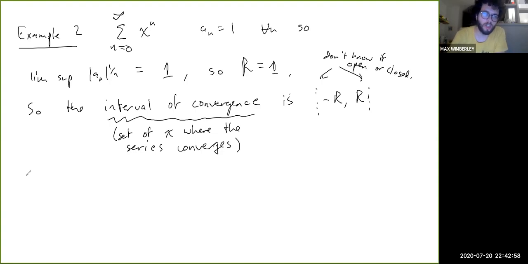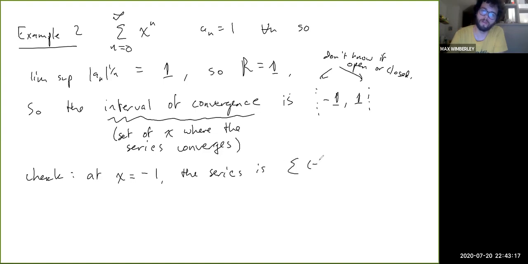But then you can check, and also I meant to say -1, 1. I don't know why I put R there. So at x equals -1, this series is just the sum of (-1) to the n, which diverges.